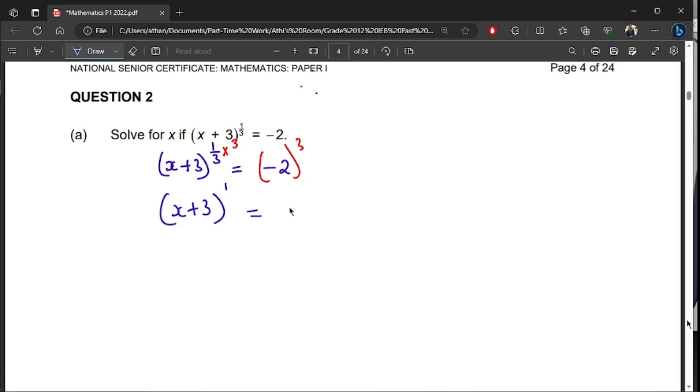That would be negative 2 times negative 2, which is 4, times negative 2, which is negative 8. So I have an equation now, which is a linear equation and looks easy. And then the value of x would just be minus 8. The 3 must join minus 8, so it's negative 11. That is the value of x.